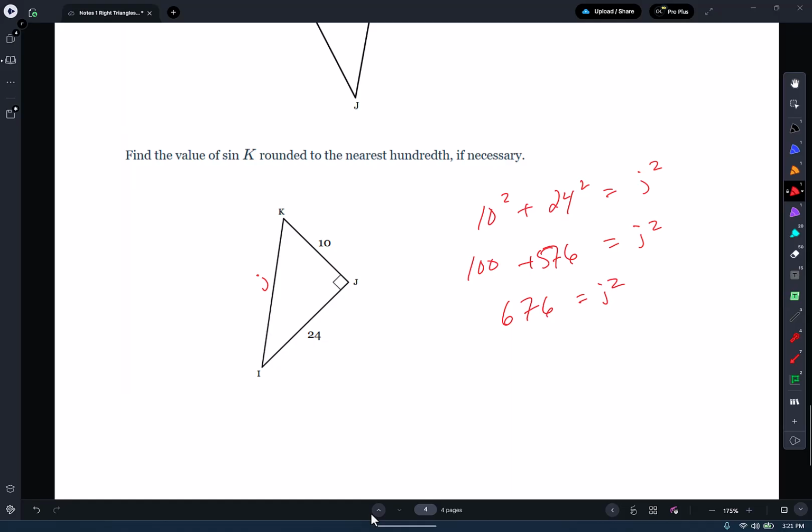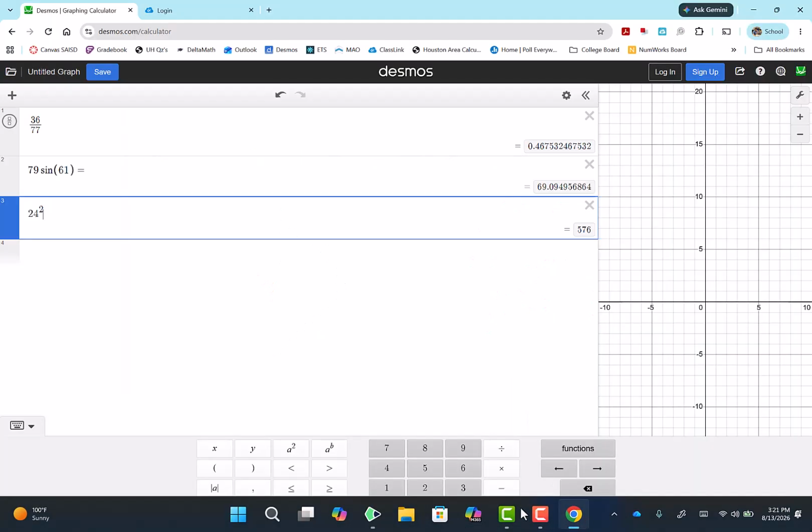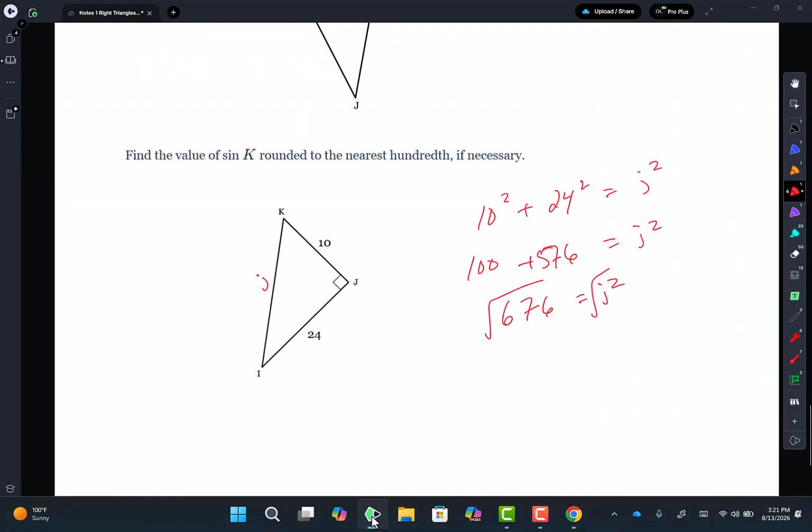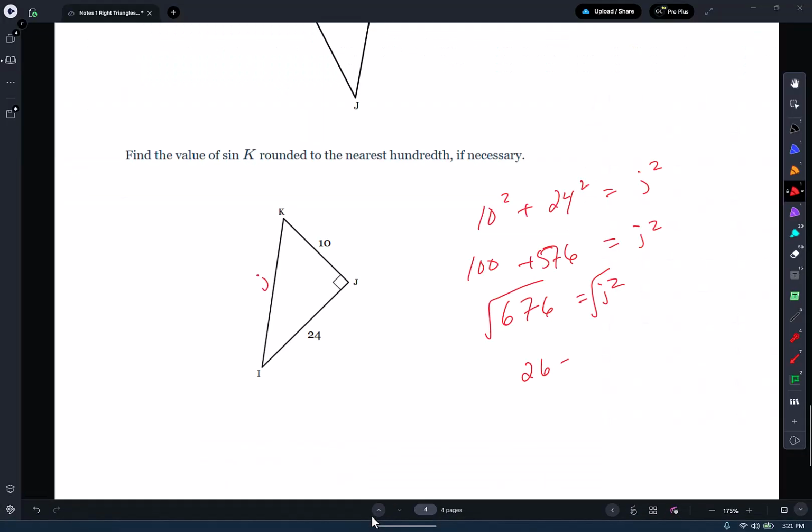I'm going to take the square root of that. Let's see what the square root of 676 is. It's a perfect square root, guys. Oh, man. Let me clear it. Square root of 676. There it is. 26. Okay. Here we go.